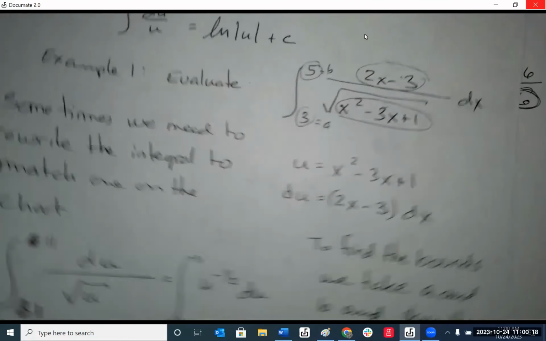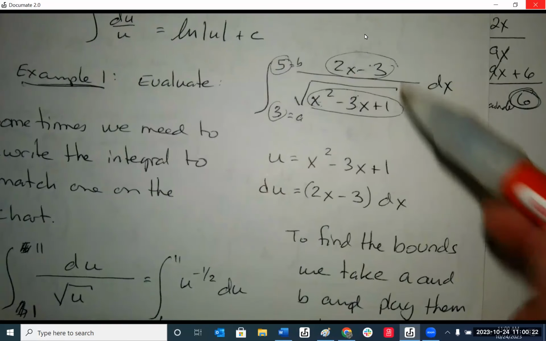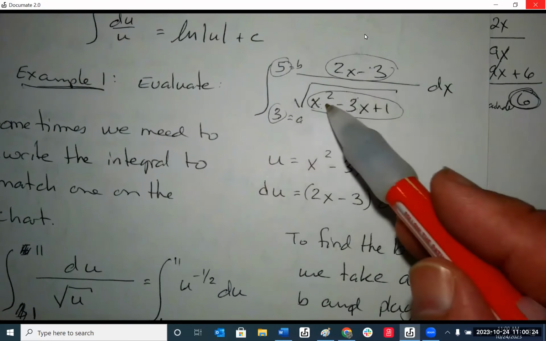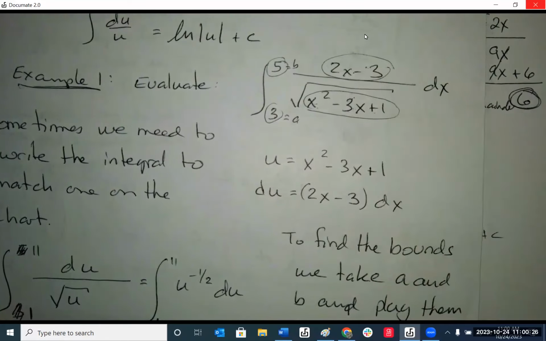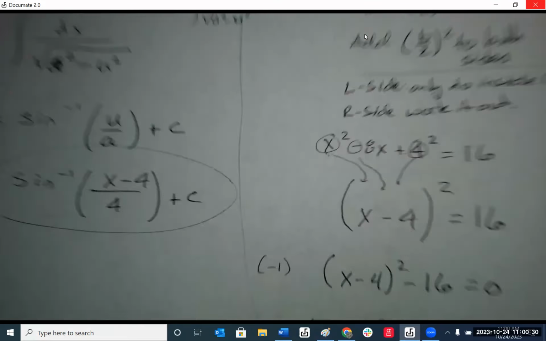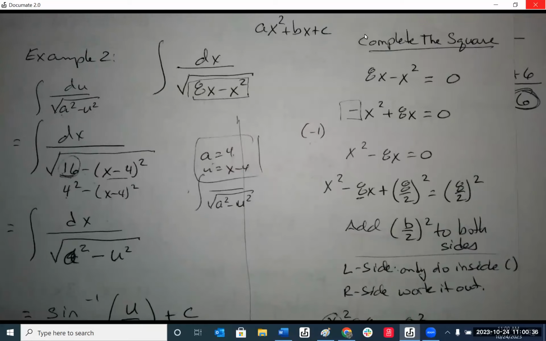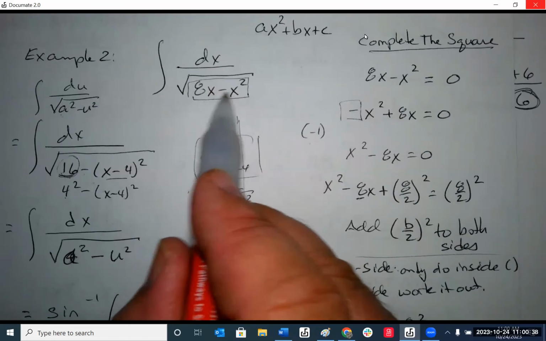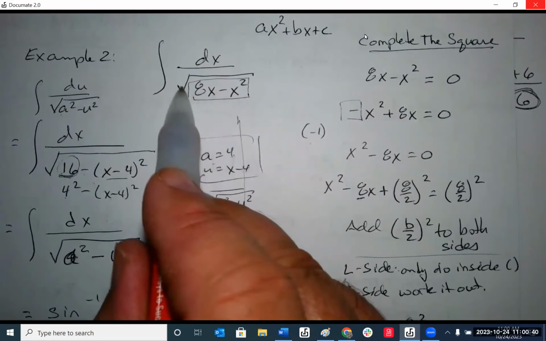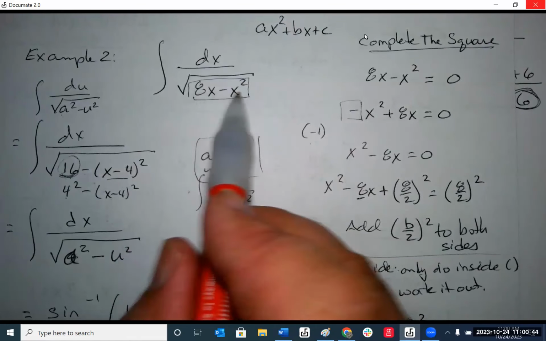In example 1, we just did direct substitution. That's u, that's du, so it worked. Example 2, since we have all our rules that have square roots, have a squared and u squared, we needed to complete the square.